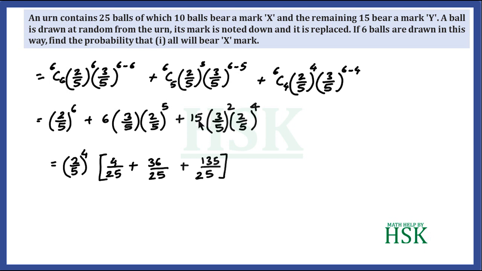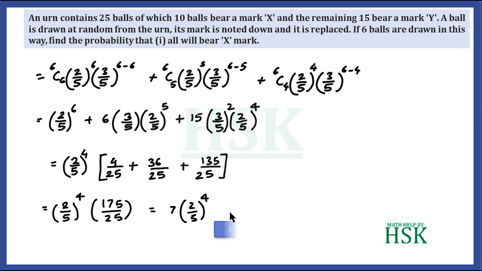Here we would be left with 15 into (3/5) squared, or 15 into 9/25. So 15 into 9 is 135, so we get 135/25. Adding all these 3 terms, I get (2/5) to the power of 4 into 175/25. This cancels with 25 7 times, so this would be equal to 7 into (2/5) to the power of 4, which is the required answer to the second part.